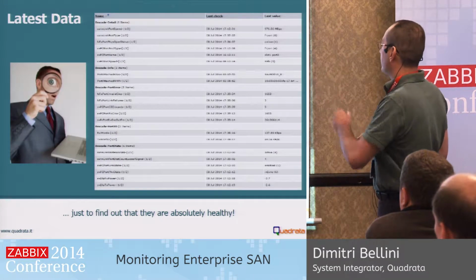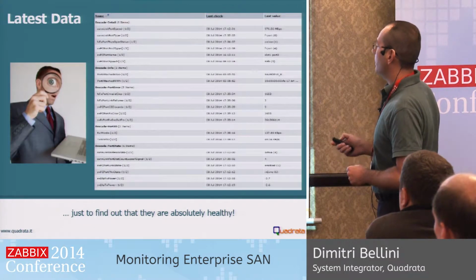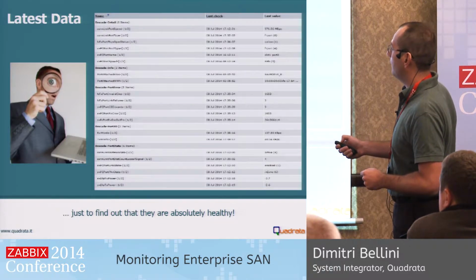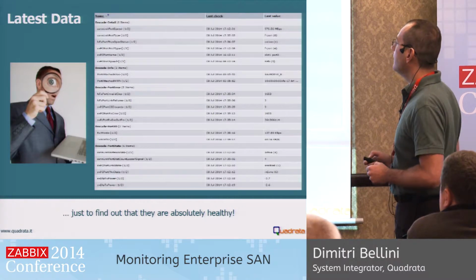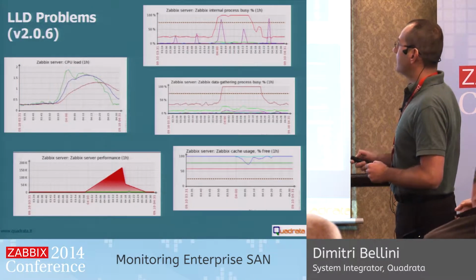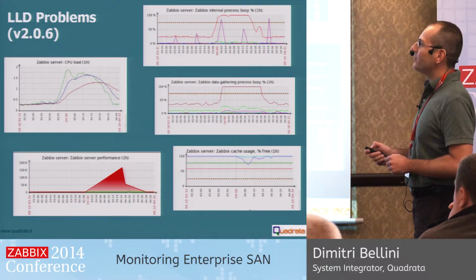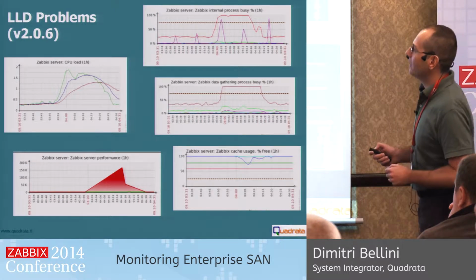And this is an example of what we discover. This is a common port name, slot and port name. But this is the problem of low-level discovery.